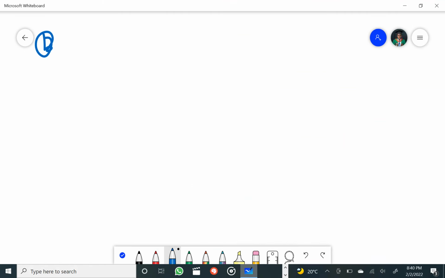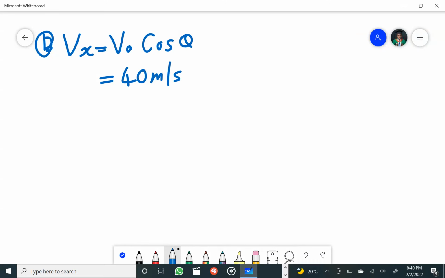So now in the horizontal, represented by x, we're going to say initial velocity times cos theta. The package was moving with the same velocity as the plane.